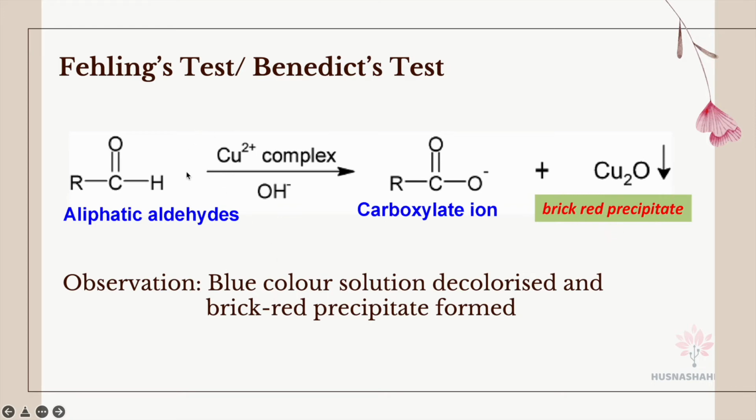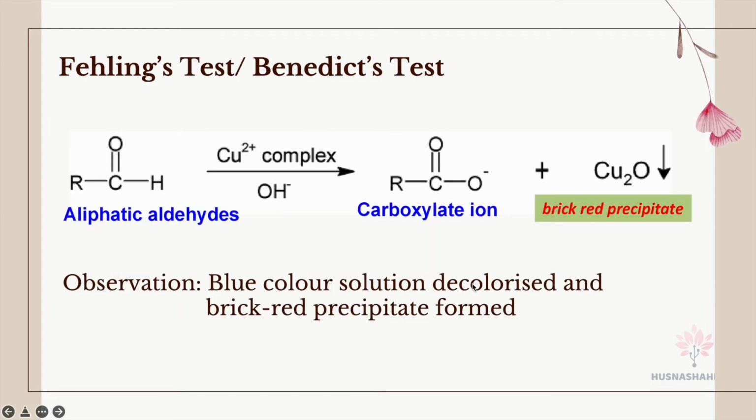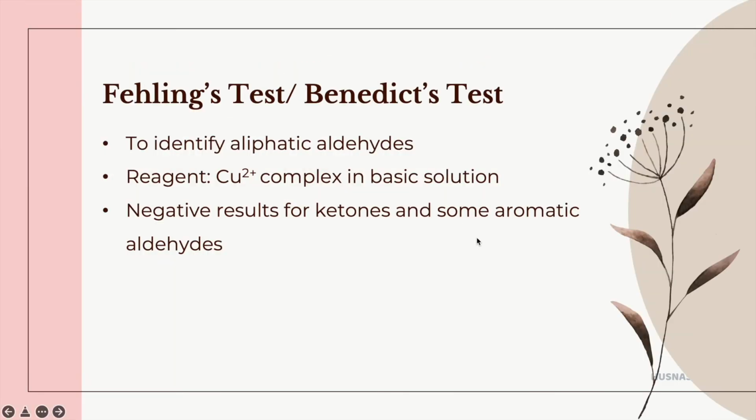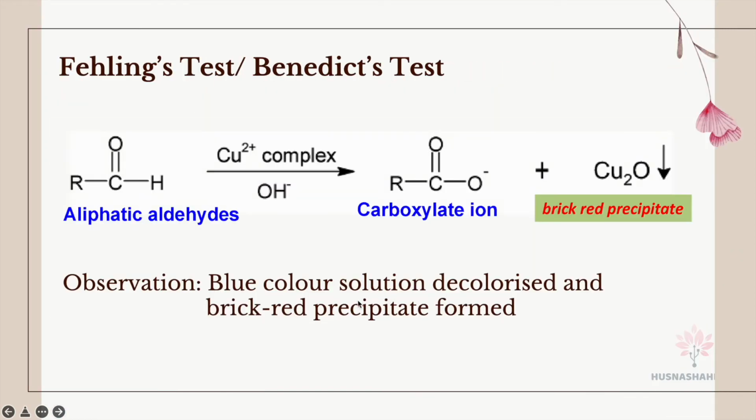We know that copper(II) is blue in color, whether it's Fehling's or Benedict's, so the blue color solution is decolorized. If there is aliphatic aldehyde, the blue solution will be decolorized and a brick red precipitate forms. This is the brick red precipitate, not the carboxylate ion. Same goes for Tollens' test: the silver mirror is this silver, not the carboxylate ion.